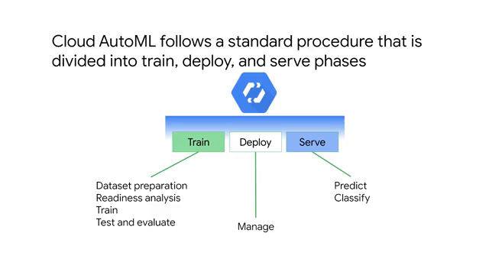Cloud AutoML follows a standard procedure that is divided into 3 phases: train, deploy, and serve. The training phase has several steps. First, you have to prepare a dataset that will be used in the supervised training process. Next, you need to analyze the dataset to make sure it has qualities that will enable it to be effective.